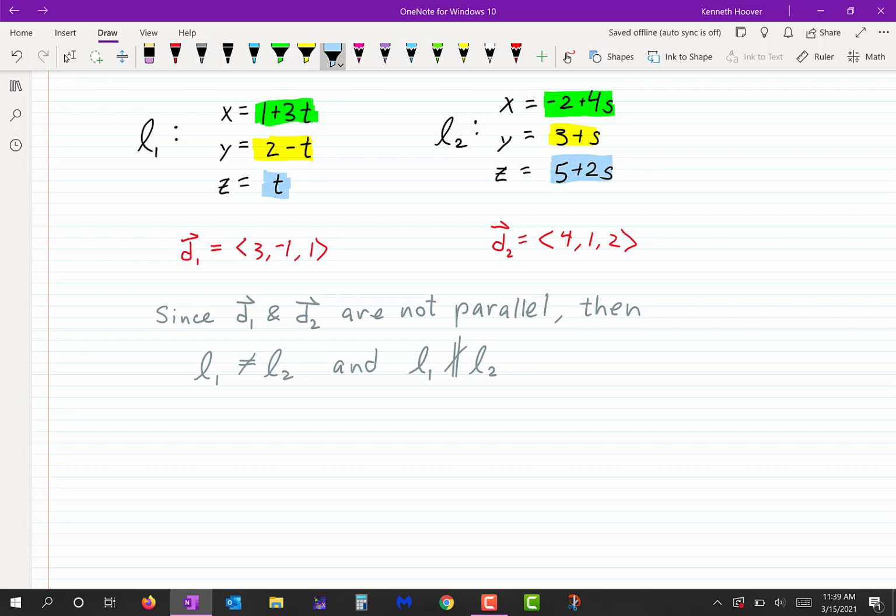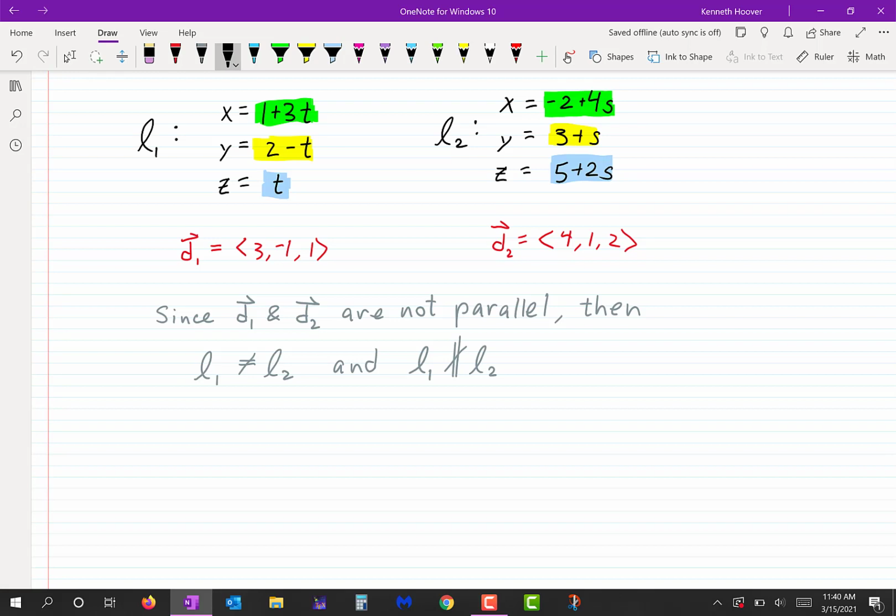The only way the two lines could cross each other is if those two green expressions were the same, the two yellow expressions were the same, and the two blue expressions were the same. So let's see if that's ever possible.